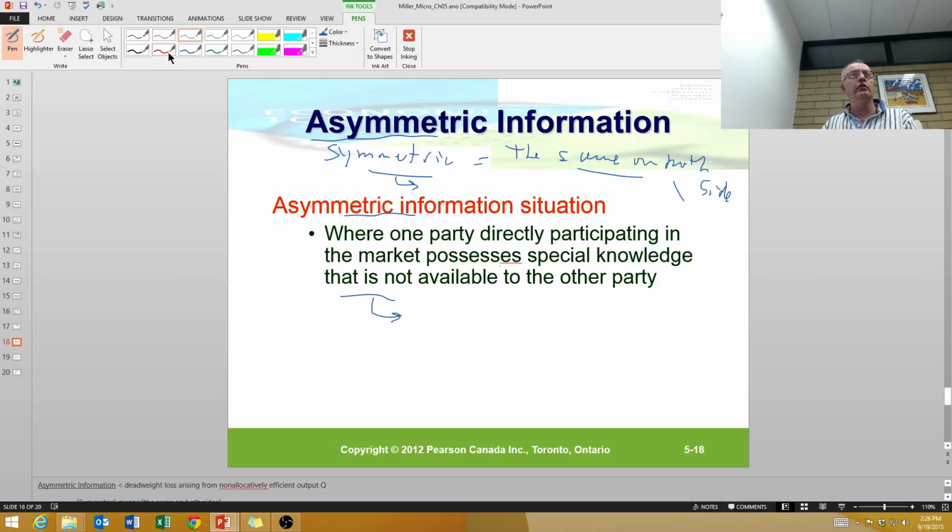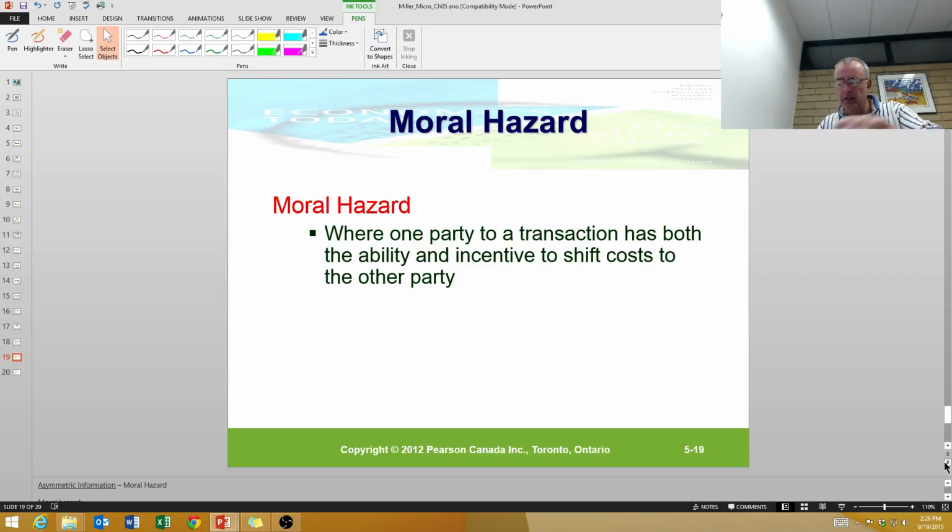Okay, so we'll come back to this later in the course, but the first example of asymmetric information deals with something called moral hazard. So in a situation of moral hazard, the two parties have different information, and it leads to some bad decision making, and the bad decision making results in losses, and so we have a non-economic level of output.